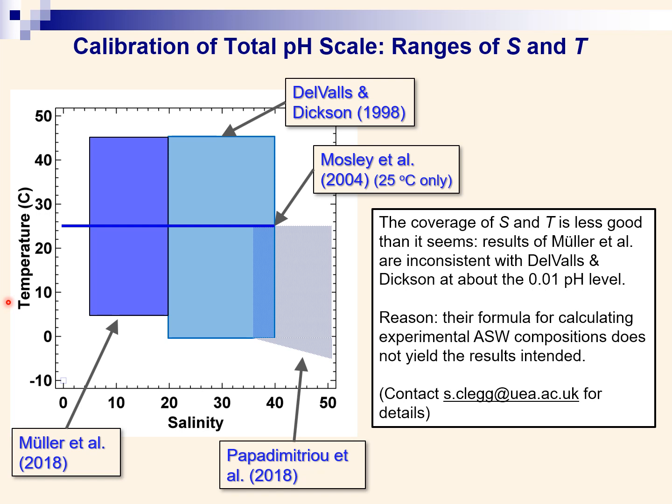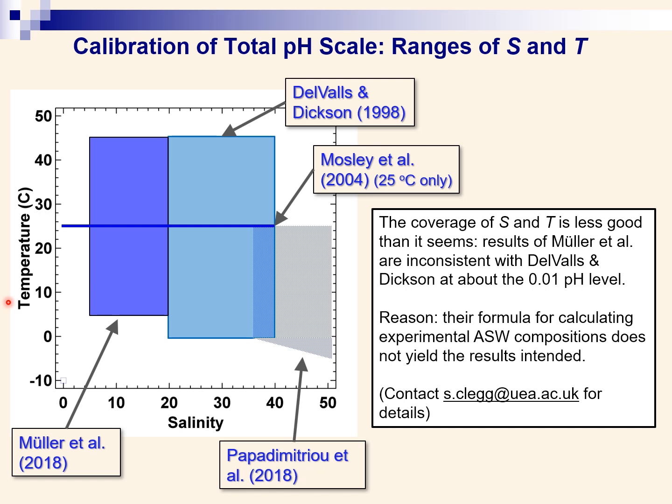The formula used by Muller et al. for calculating experimental solution compositions does not yield the results intended, which is that they should extrapolate to artificial seawater composition for zero added buffer or zero added HCl in their experiments to determine standard EMFs.